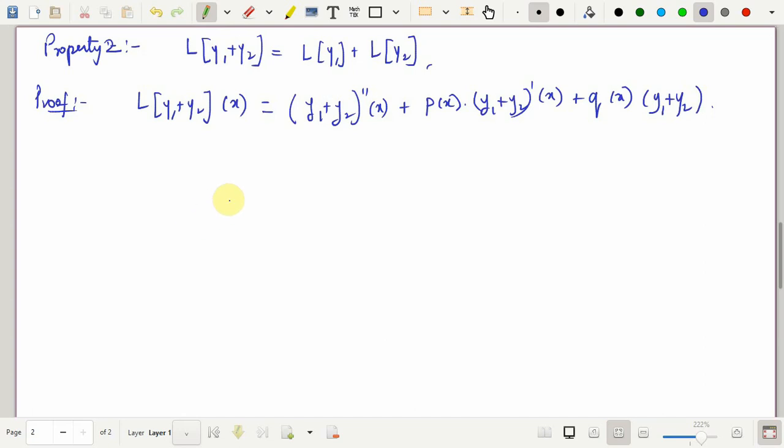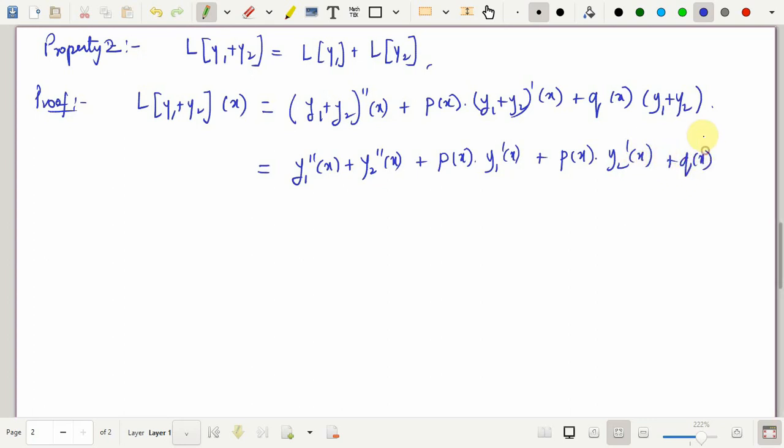Now, using again the basic properties of differentiation, I can write this as y1 double prime at x plus y2 double prime at x, plus again over here the same thing, I can split this: p of x into y1 prime of x plus p of x into y2 prime of x, plus q of x into y1 of x plus one more term, q of x into y2 of x.